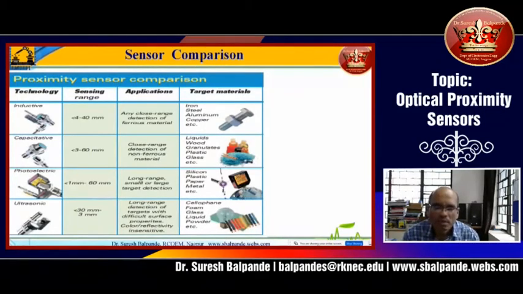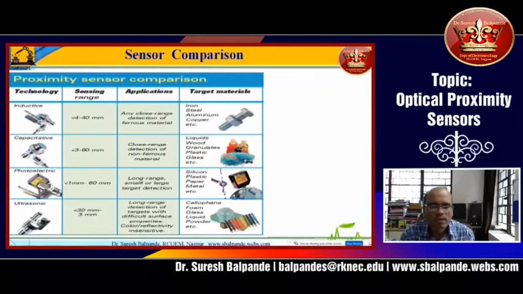It will emit around 35 to 36 kilohertz frequency, audio frequency, which is in the ultrasonic range. You will have one transmitter section and one receiver section. The sound beam will travel through the air, and because of some object, it will reflect back and fall on the receiver. The moment you emit the sound wave, you have to trigger your timer, and after receiving the echo, you have to stop that timer.